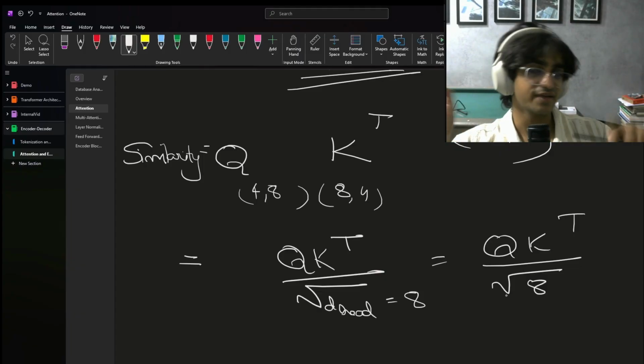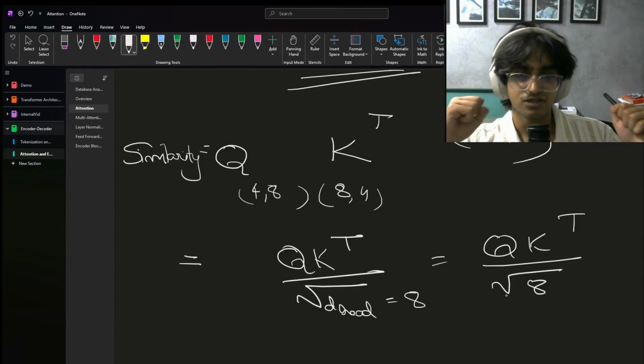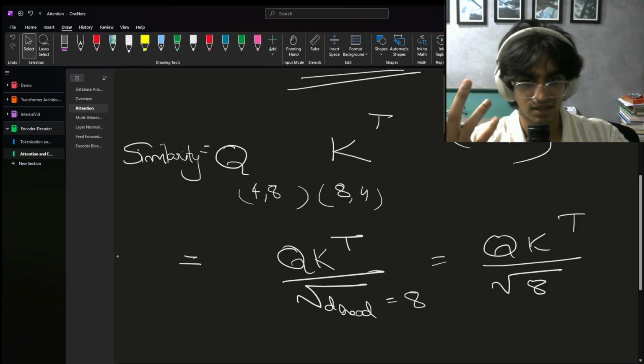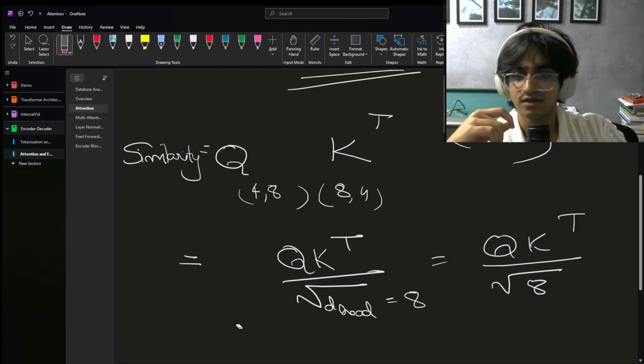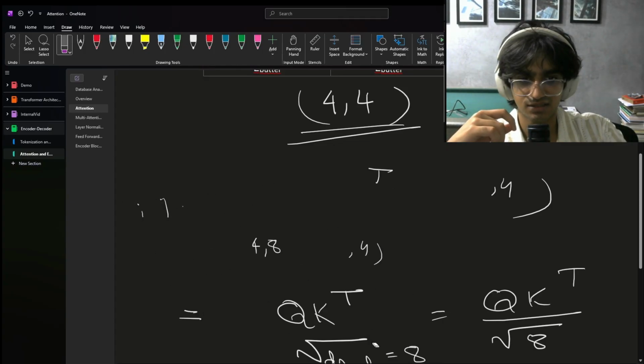Now, remember what we did last time? We took the percentages to get the coefficients. So here, how do we do it since we're working with vectors?